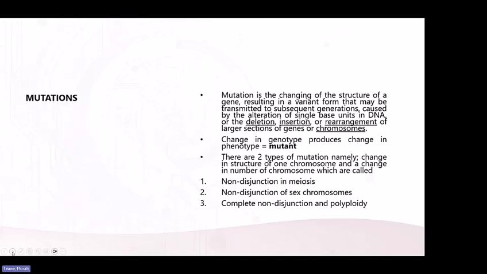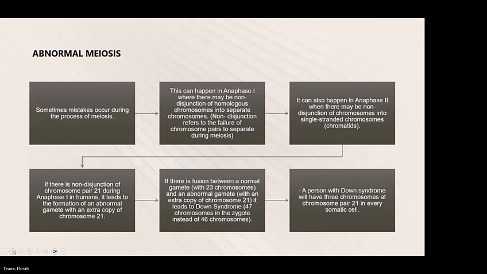For example, we have non-disjunction in meiosis, non-disjunction of sex chromosomes, complete non-disjunction, and polyploidy. Nobody controls these changes. It's just an automatic change that cannot be controlled. So in terms of meiosis, these changes are referred to as abnormal meiosis.